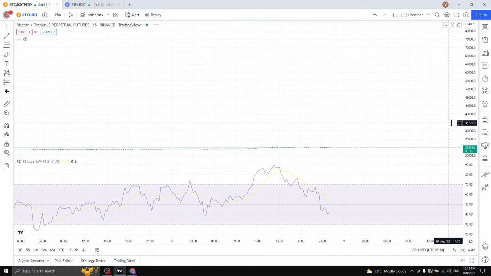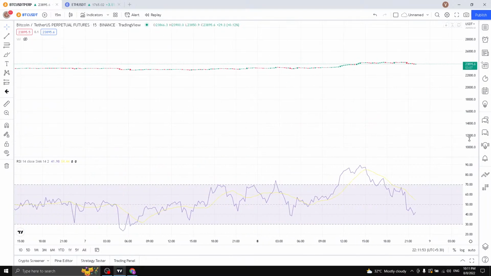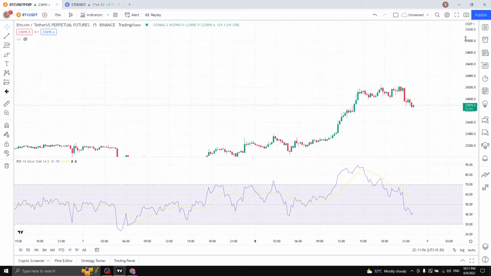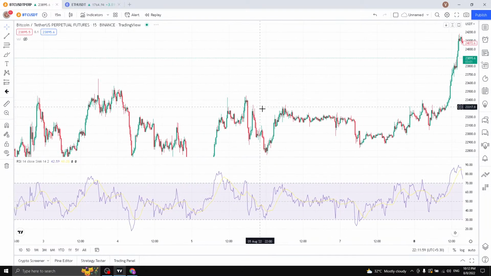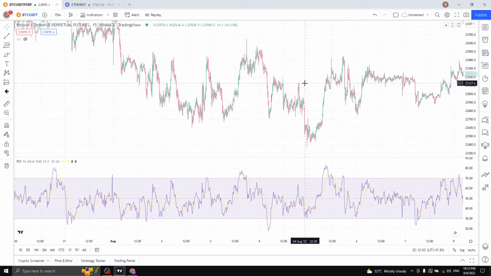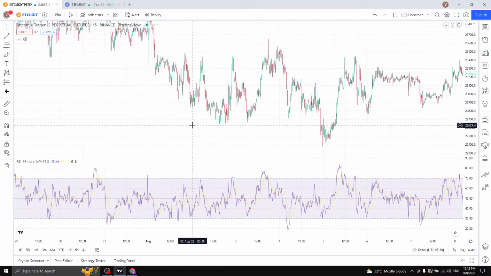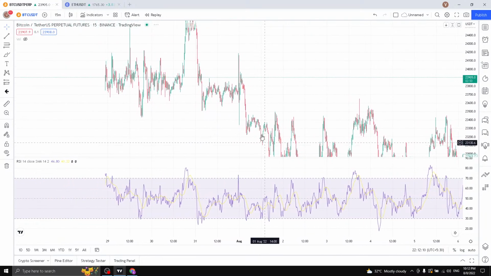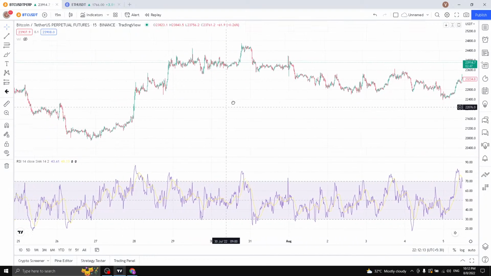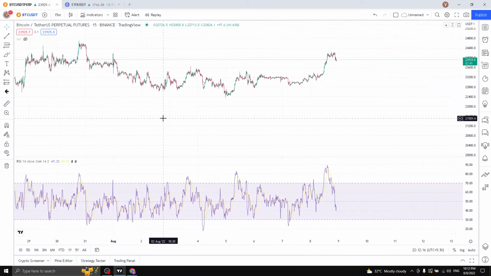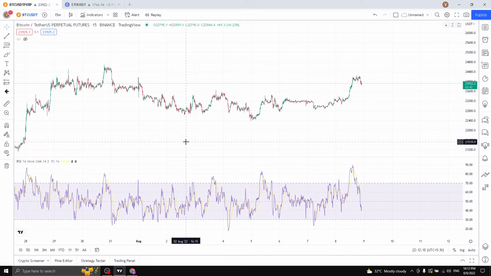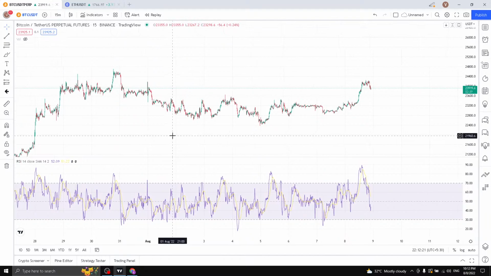I'll try to find a divergence there. Okay, so here's one.